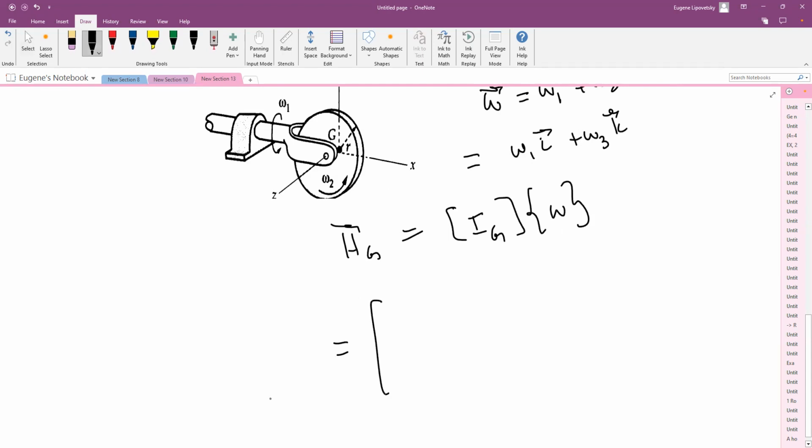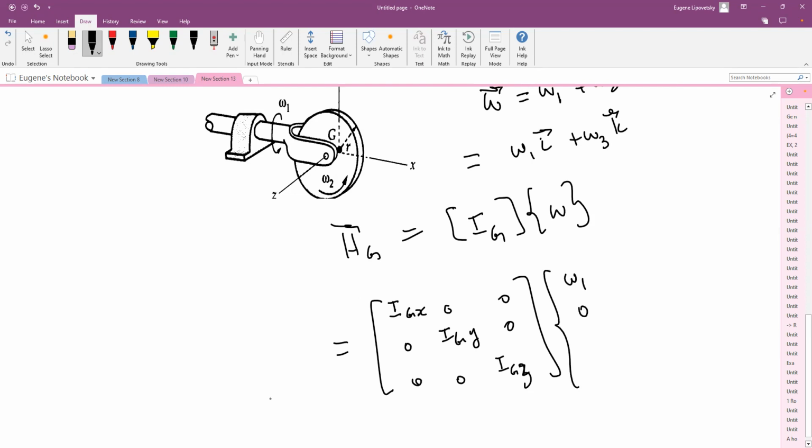So it's going to be IGX, IGY, IGZ. And the omega has omega 1, omega Z.